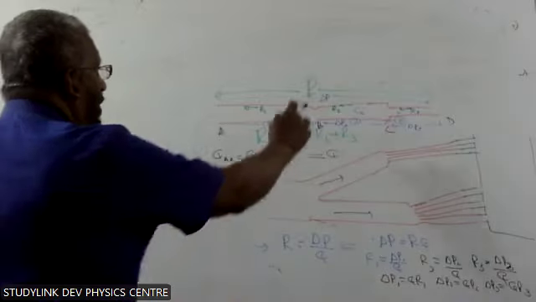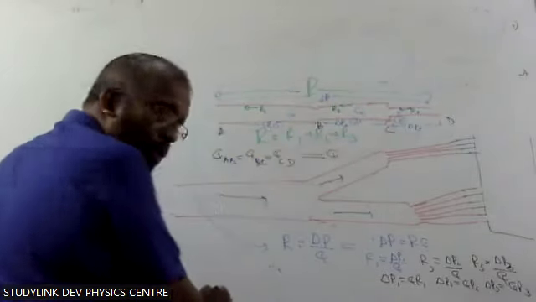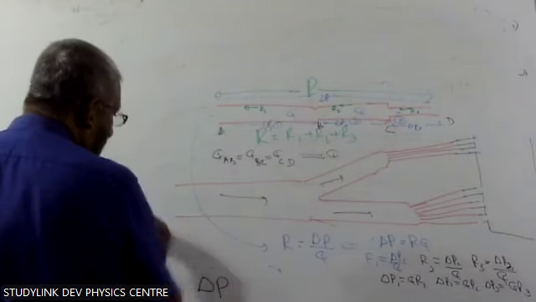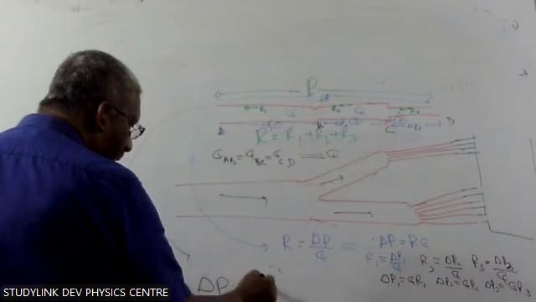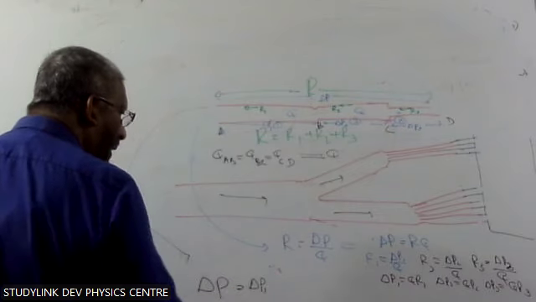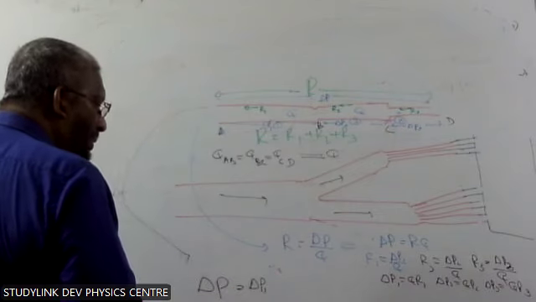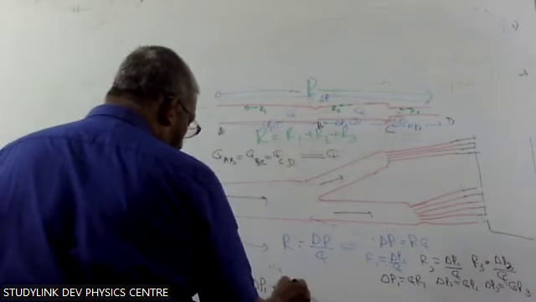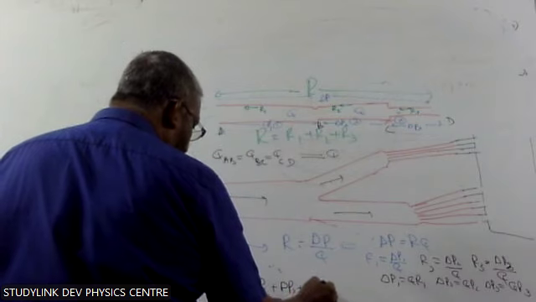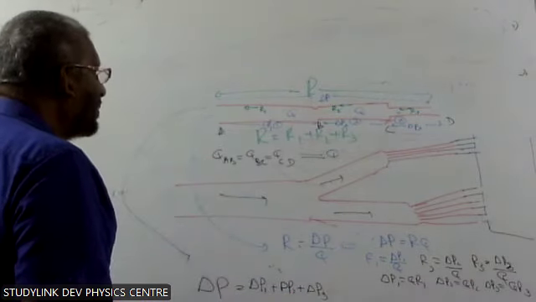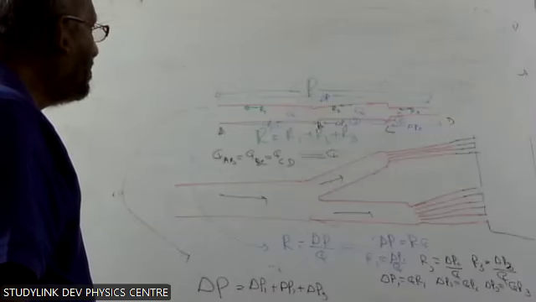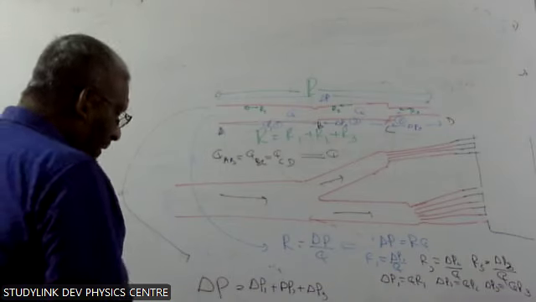Then total pressure, delta P for this is equal to delta P1 plus delta P2 plus delta P3.